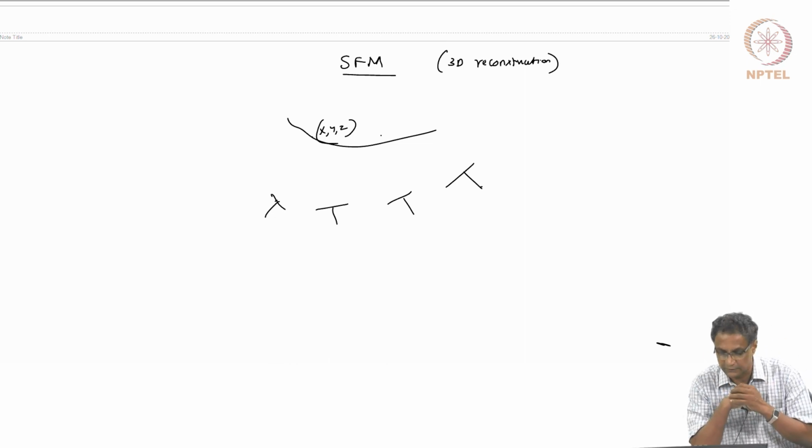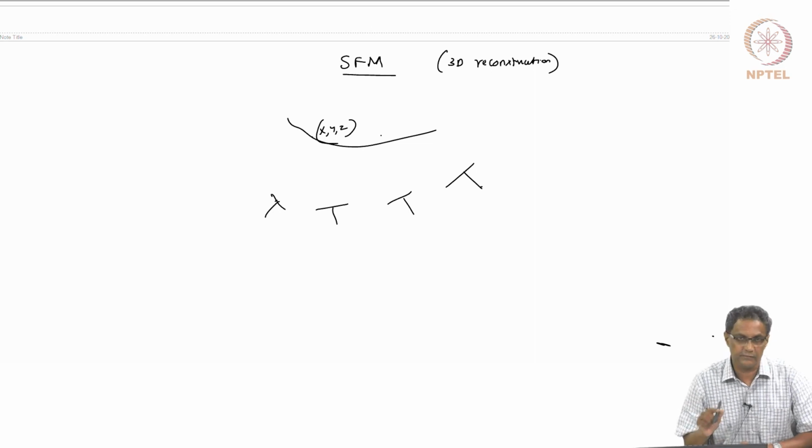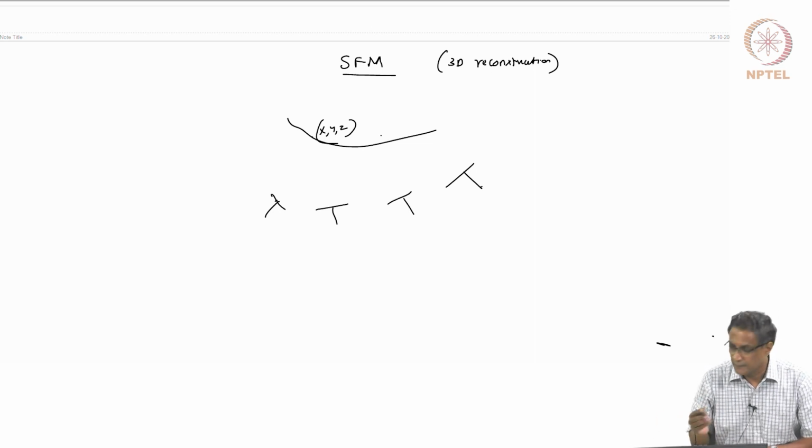In the case when you don't have the intrinsics available, one has to get a projection matrix from the fundamental matrix itself, because you cannot go to the essential matrix, as the camera intrinsics is not with you.